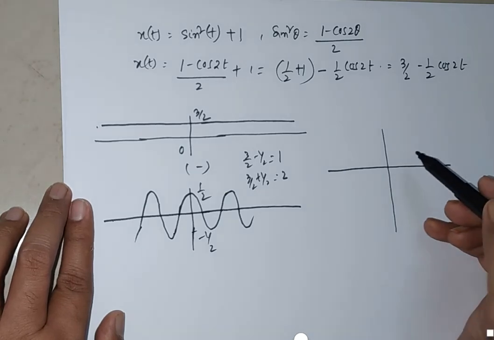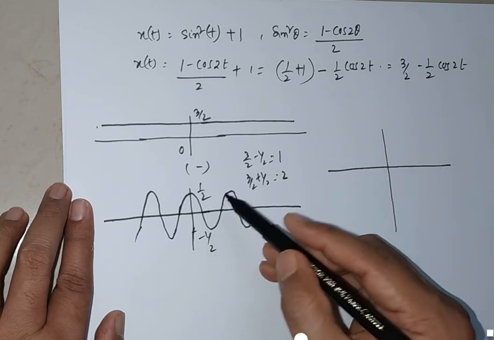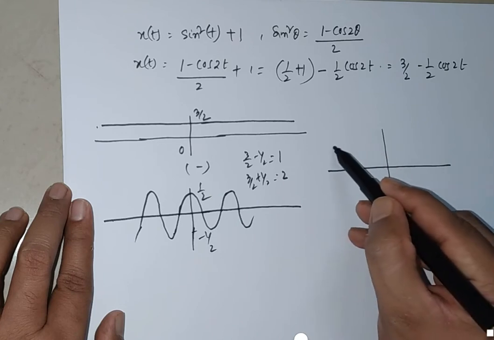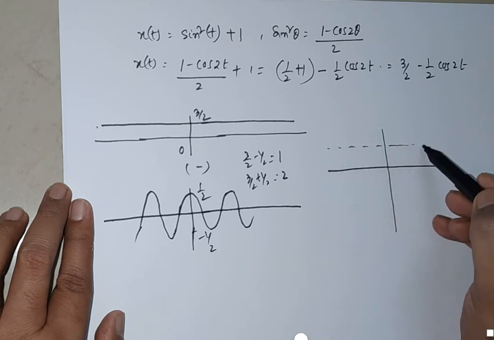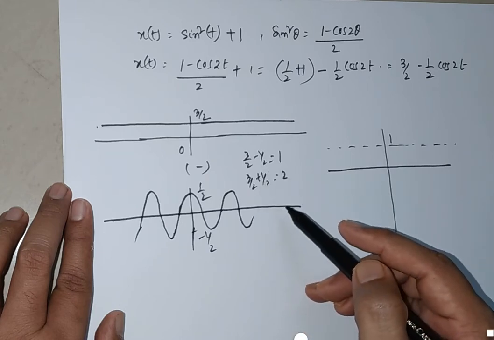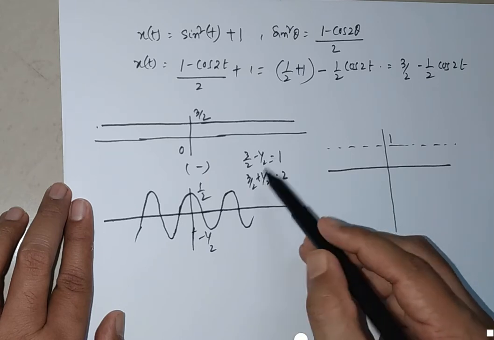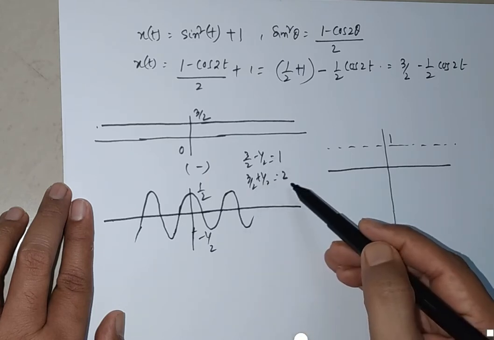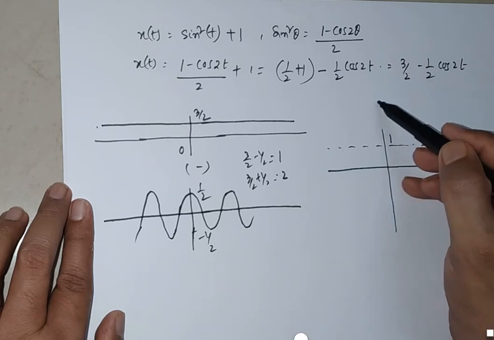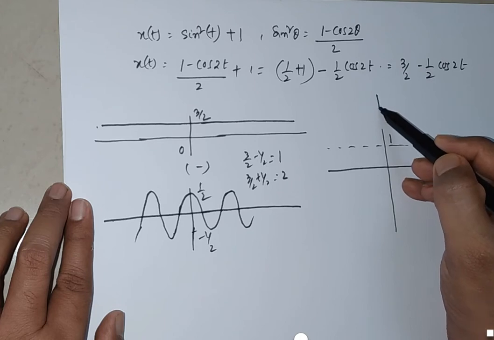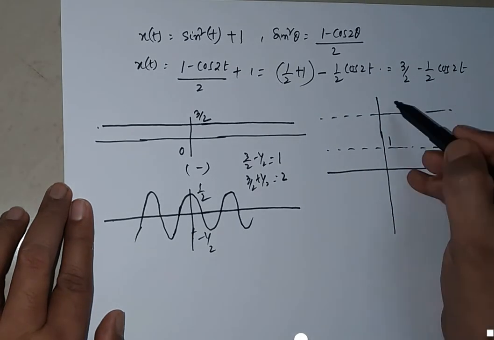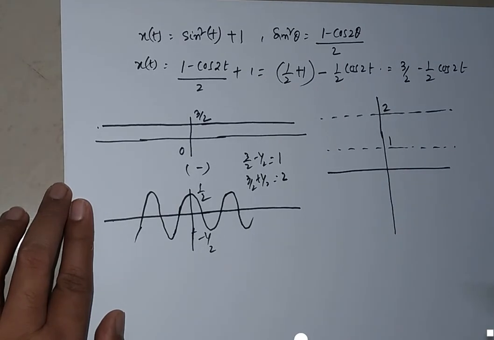Okay, now do the plot. Here the minimum value you are getting is 1, and what is the maximum value you are getting here? The other value, it is 2.